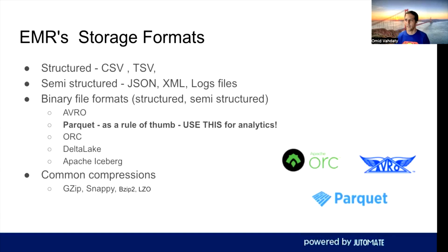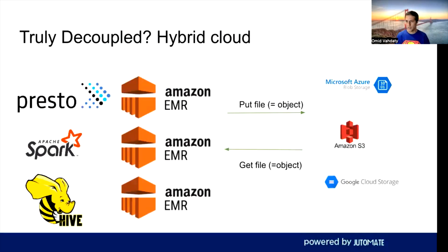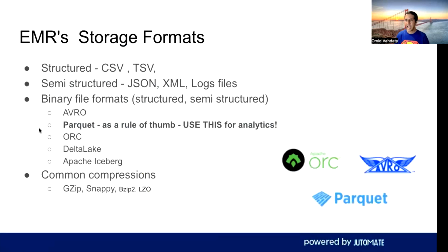This is essentially what makes the Hadoop ecosystem very powerful, because every bit of technology, for example Presto, Spark, Hive, can now access S3 via the decoupled storage layer, and any of these formats, because all of these technologies have agreed to support these storage formats.